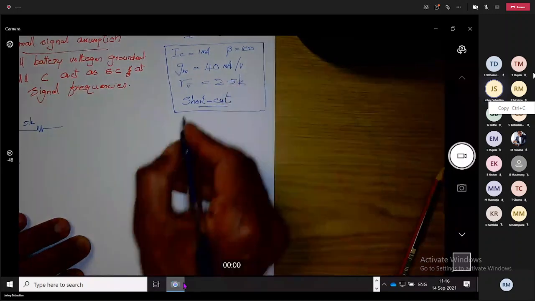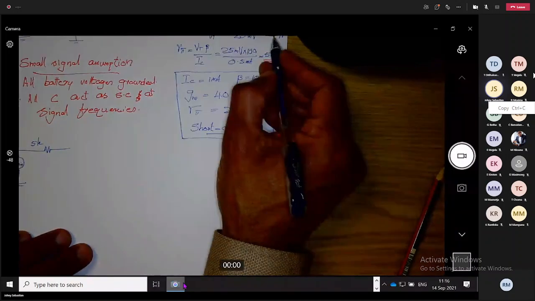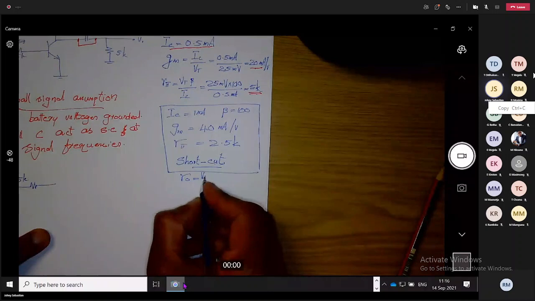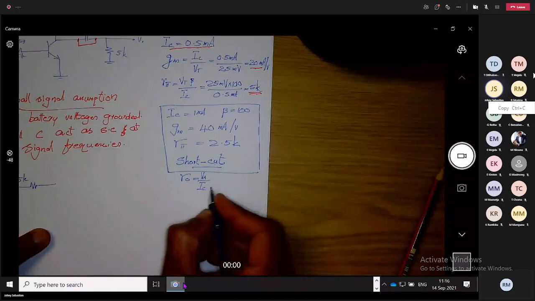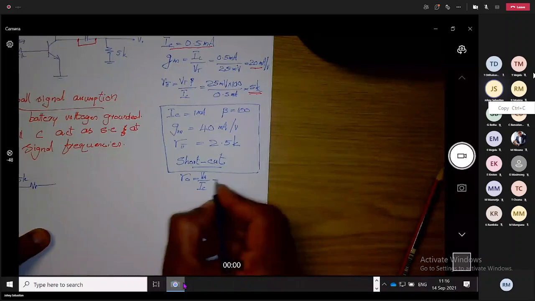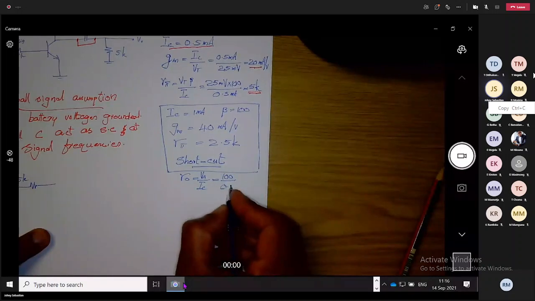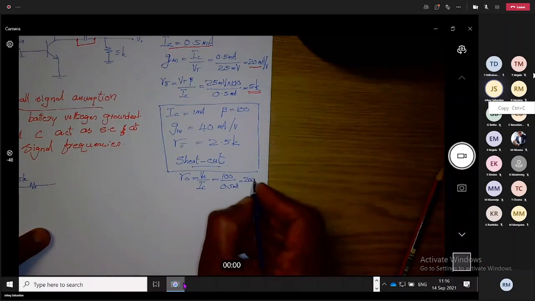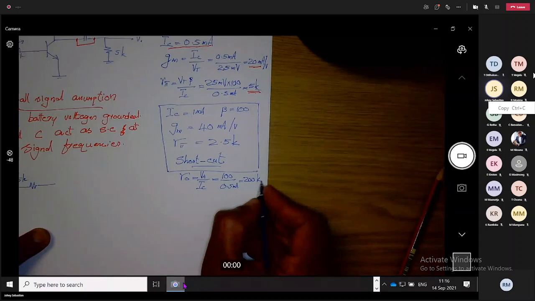There is only one, that is we got gm and we got r pi. We did not find r naught. r naught is VA over IC. It's 100 over 0.5. You get 200 kilo ohm.